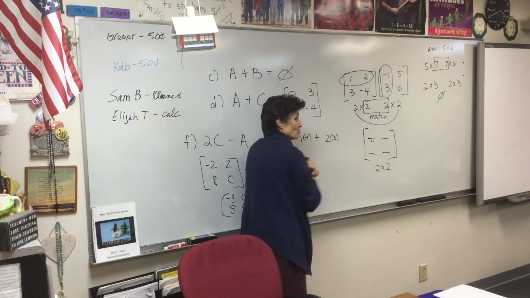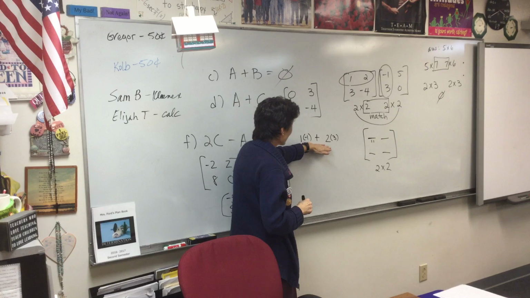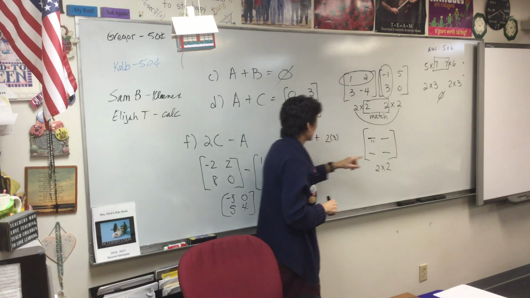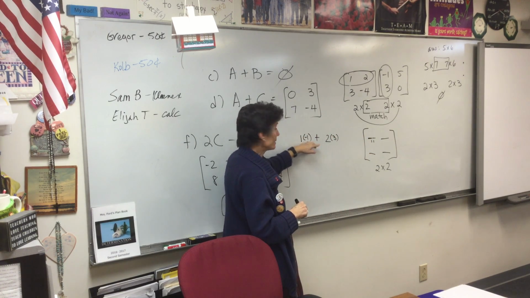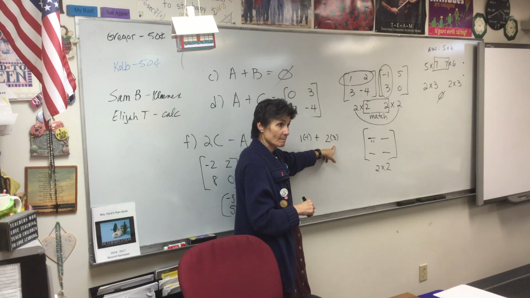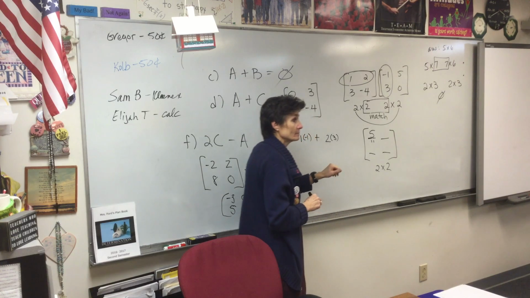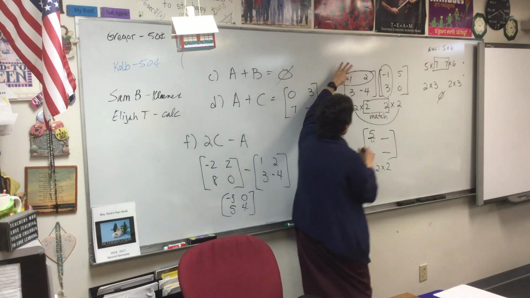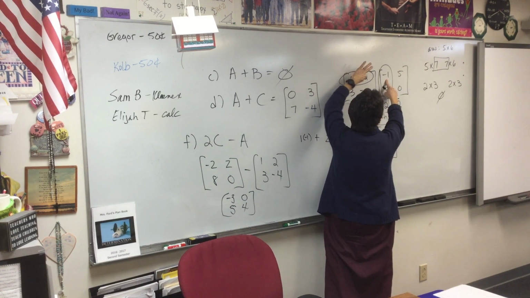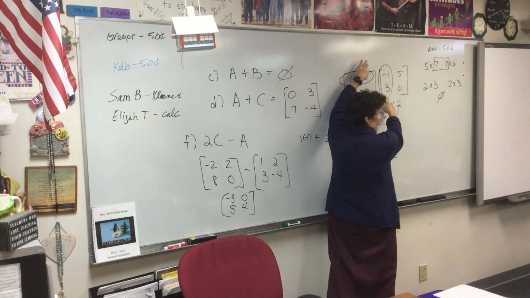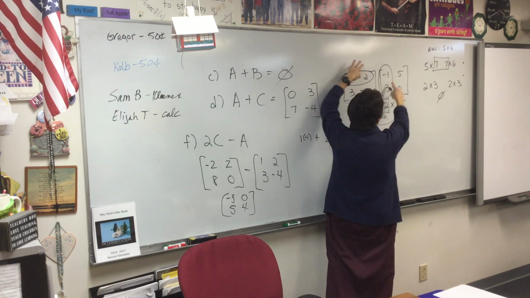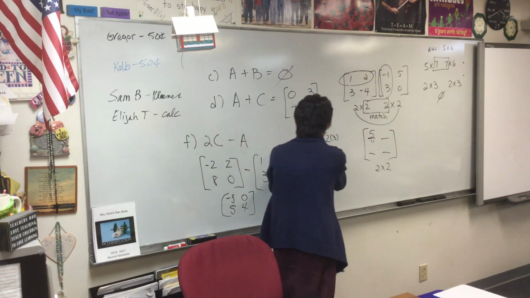Put a plus sign between them, and that's the number that goes right here. So it's -1 plus 6. So this number will be a 5. I took this number times this number, and this number times this number, and added them up. -1 and 6.